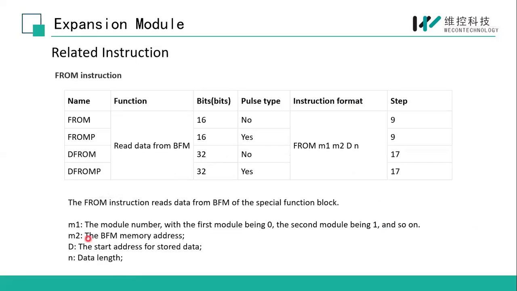The M2 parameter is the memory address. Different module types have different addresses for different memory. And the third parameter, D, is the start address for stored data. The last parameter is for the data length.